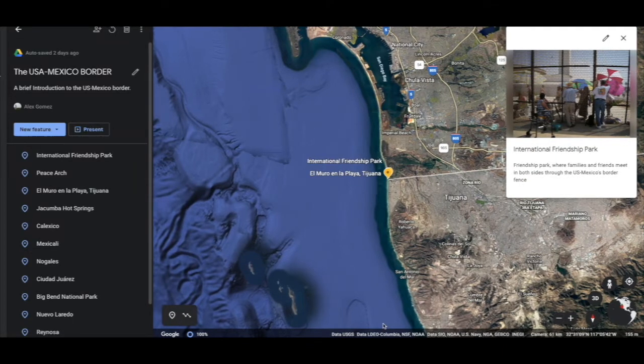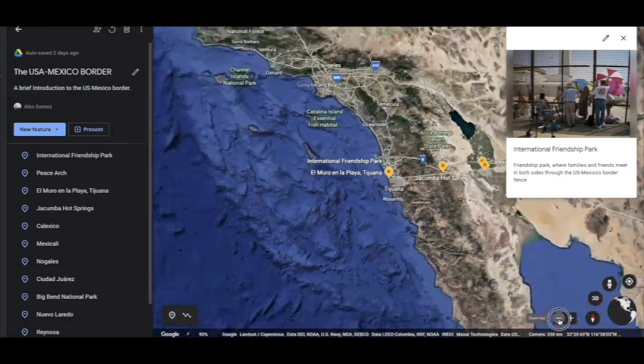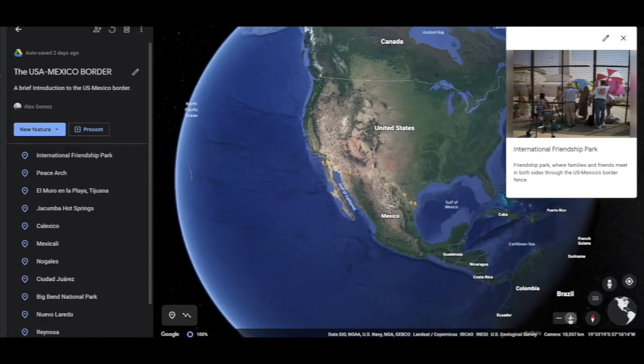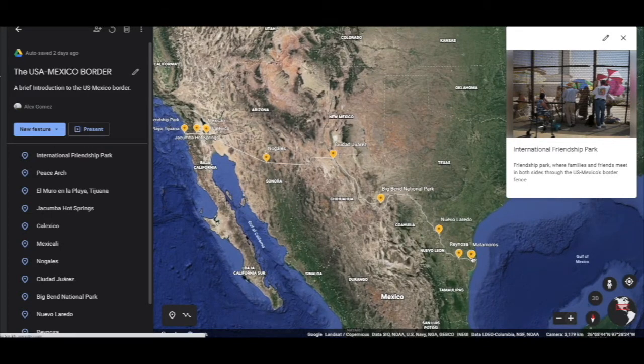The border right now, in terms of length, and let me zoom out, goes all the way from Texas, right here, this yellow dot, which is Brownsville in the US and Matamoros in Mexico, the state of Tamaulipas. I'm just going over these little sister cities because the definition of sister cities means that they rely on each other economically, and there's also a long history of culture that goes along in these cities.